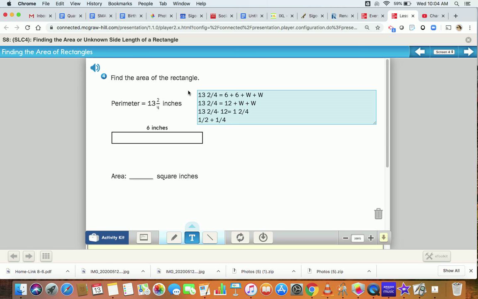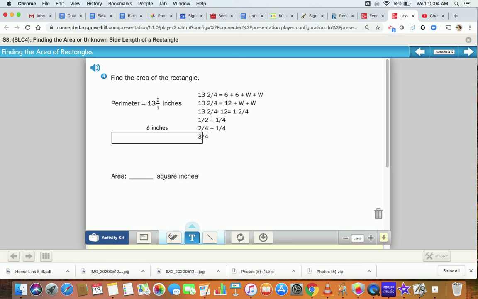So now we have to figure out how to combine that to get our width. So we would have to change one of those into fourths. So we would change 1/2 into fourths. So 1/2 is equal to 2/4 plus 1/4. So our width would be 3/4. Okay.